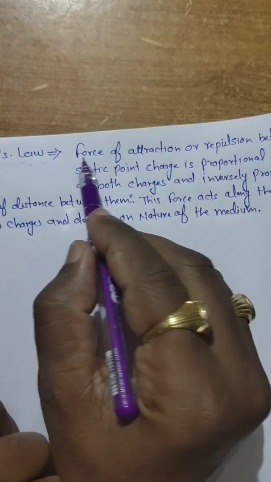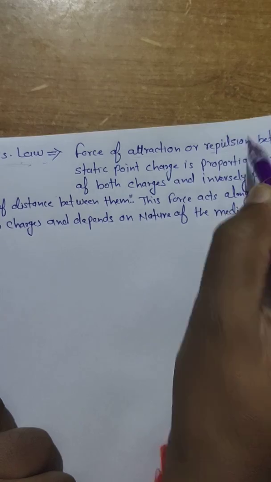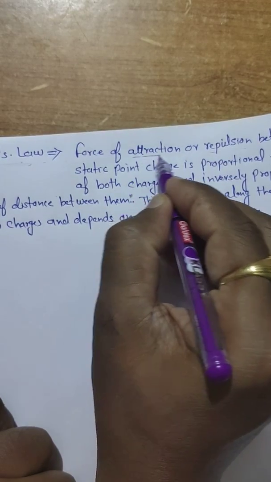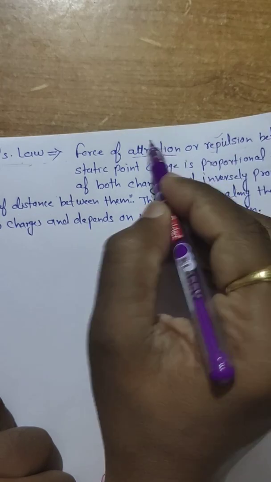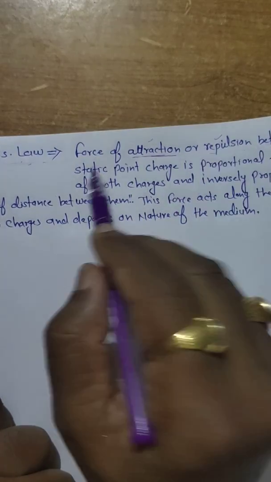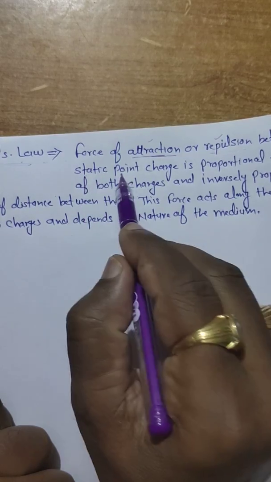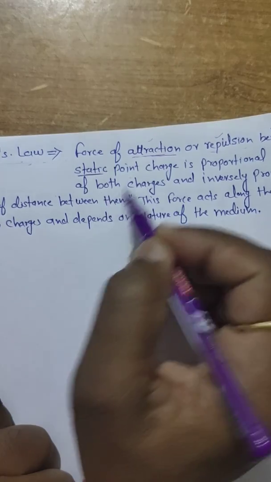Once again, force of attraction or repulsion. It means two like charges feel a repulsive force and unlike charges feel an attractive force. Between two static point charges, static means the charge is at rest.